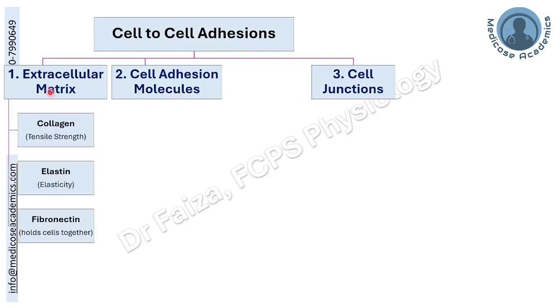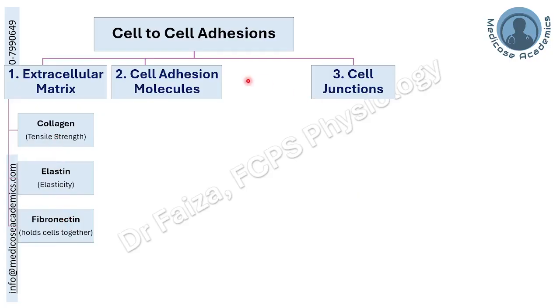Starting from the extracellular matrix, the most important things which act as the adhesion of cell to extracellular matrix include collagen, elastin, and fibronectin. Collagen provides the tensile strength.